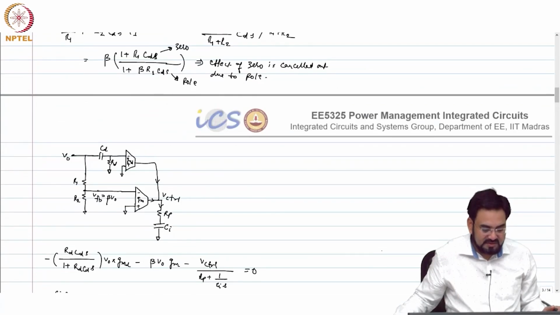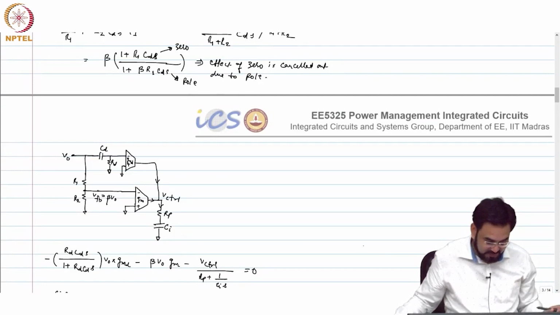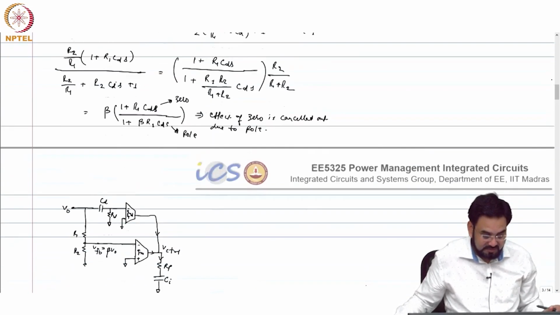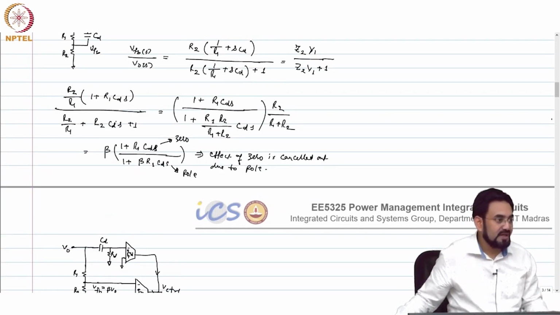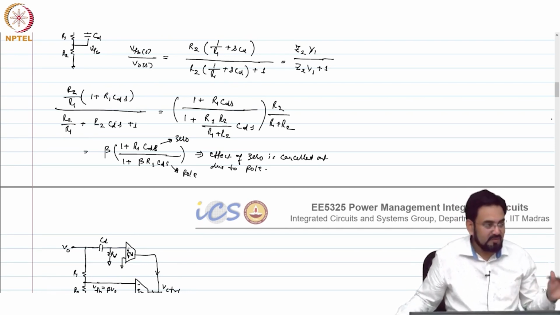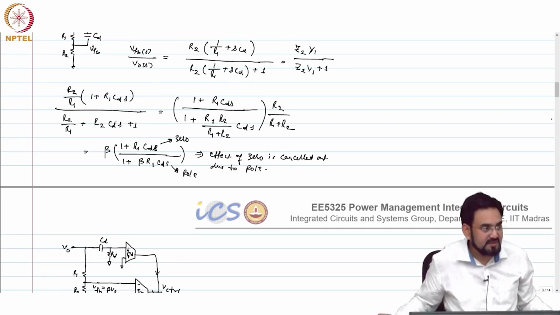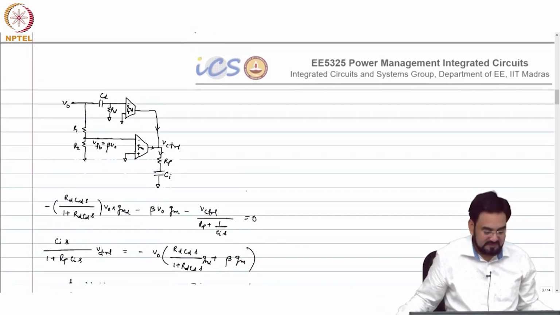So we saw how you design the GMC compensator. We need two transconductors, because with one transconductor the problem was that it does not work for higher beta values. If beta is closer to 1, then your pole will cancel the 0, and so the second 0 will not be effective.